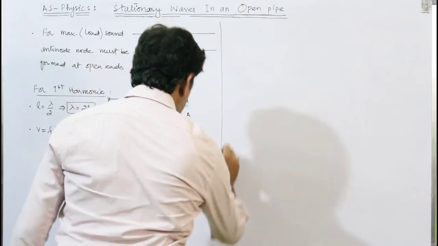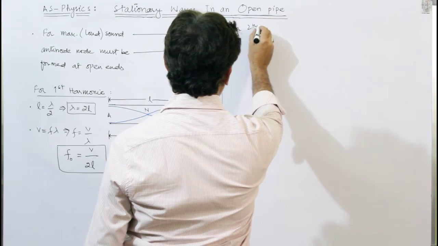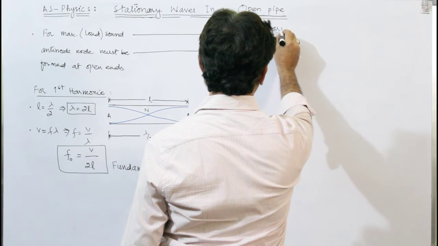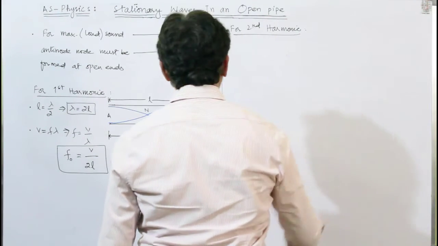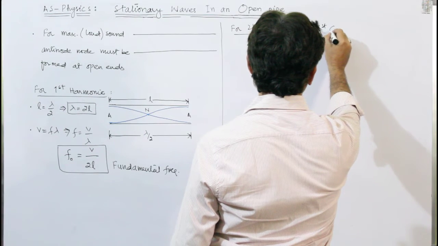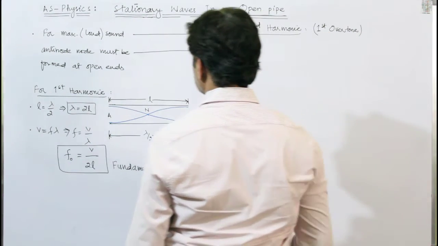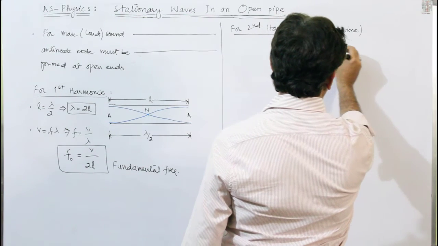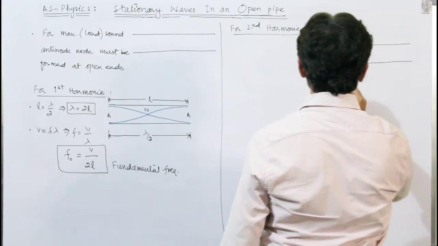Now we'll discuss about the second harmonic. This second harmonic is also known as the first overtone. Basically, it is the second loud sound that can be heard by the observer.